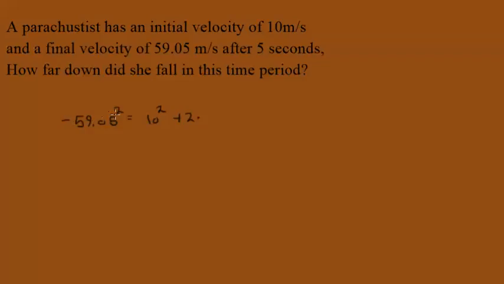Both of these should be negative because she's falling in the negative y direction, times minus 9.81 times d. And we can go ahead and solve for d in this case by subtracting out. The signs are going to end up positive anyway.